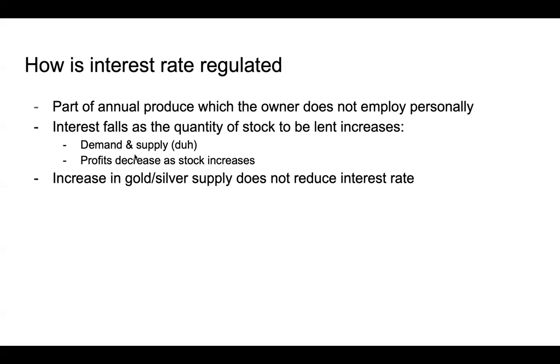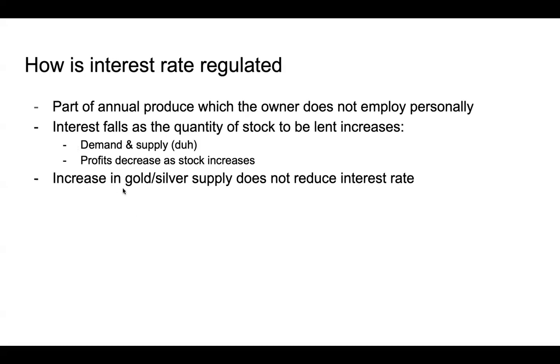Interest is whatever the creditor can take from the borrower, right? If the borrower can only make a small profit, then the creditor, the lender, cannot demand too high an interest because the borrower would not be able to pay for that. It doesn't make sense.